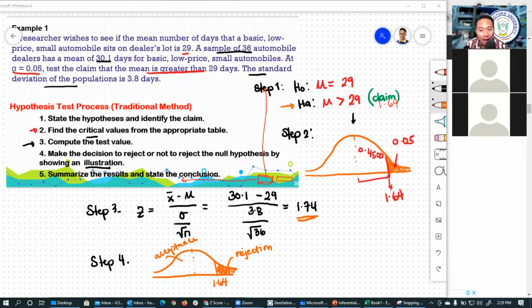So my question again, Romulo, is for step 4, do we accept the null hypothesis or reject the null hypothesis? And to decide that, focus yourself on step three. What's the value solved in step three, and where does it land in step four?